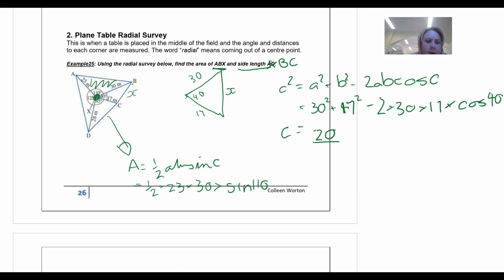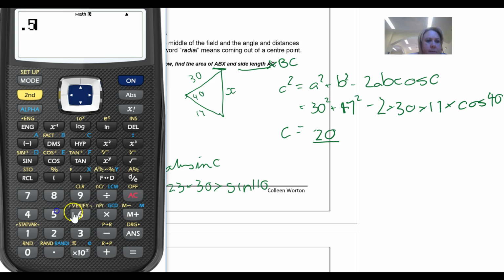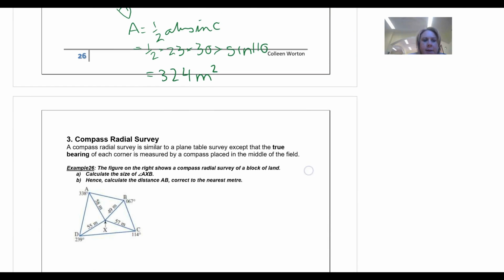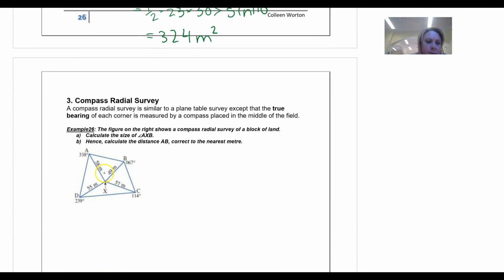We'll put that in our calculator and we get an area of 324 meters squared.